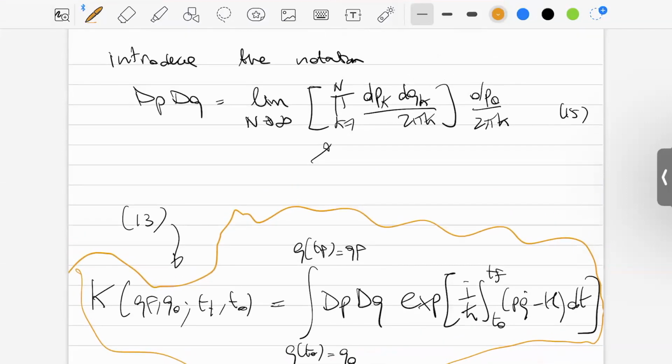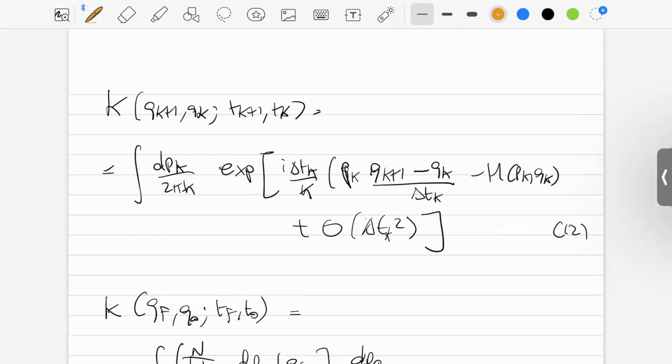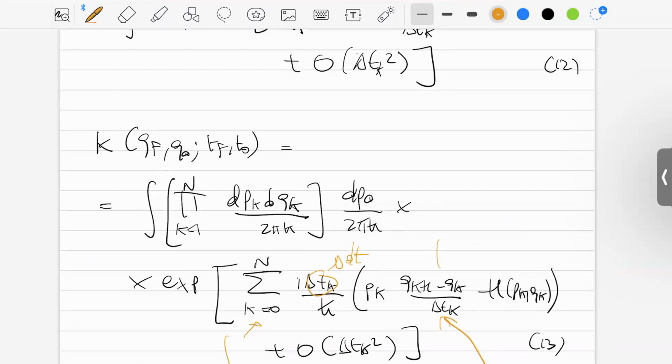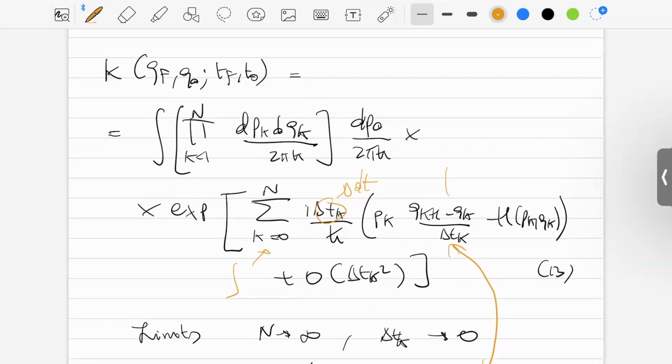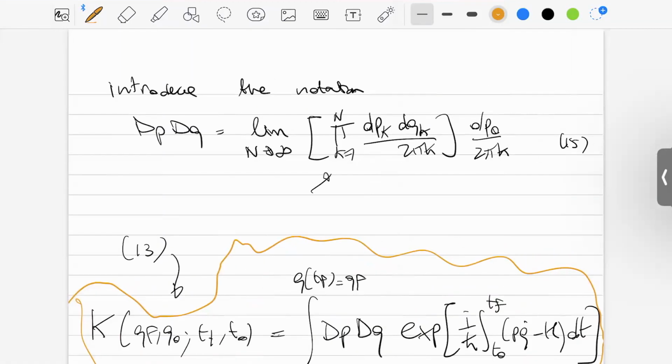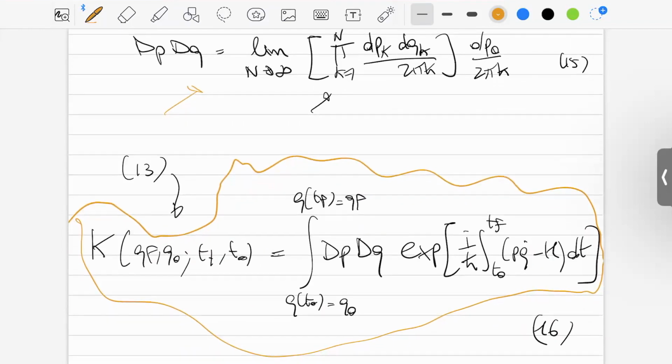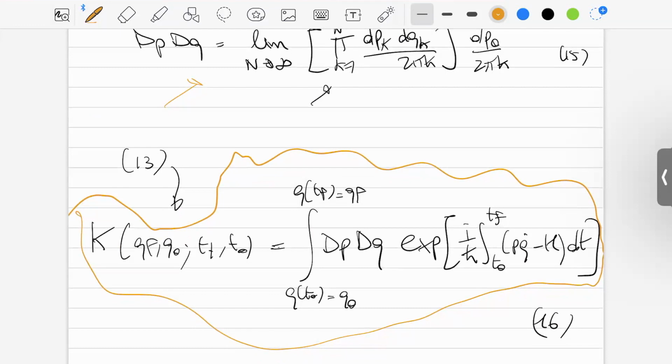Here I just use equation 13 of before, using this identification, so using this measure. So you can see now we have the propagator k written as an integral. This is a functional integral.